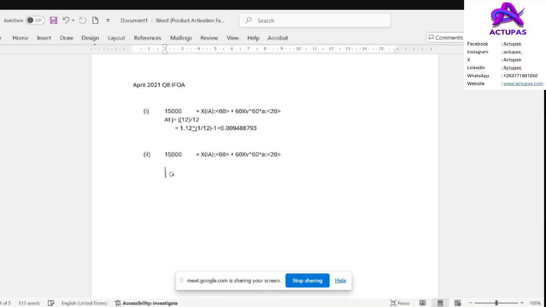So (IA)60 will be equal to (ä60 at J minus 60 v to the power 60) over your J, this J that we got here.